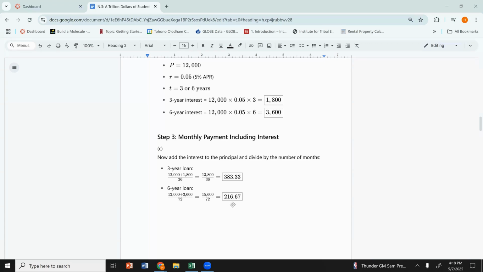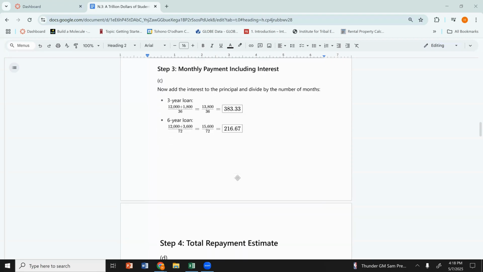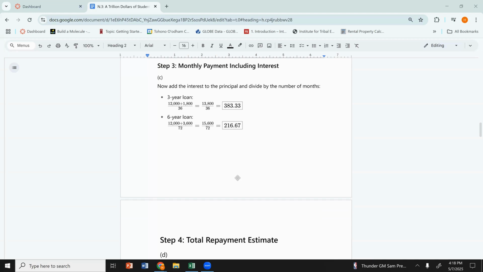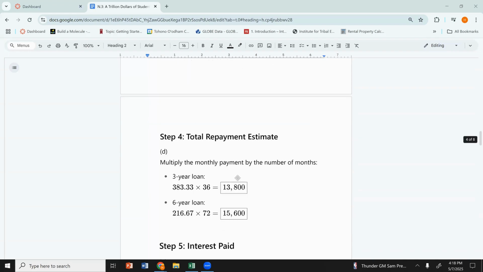Or if you want to pay this off as quickly as possible and pay less in interest overall, you'll go with the 3 years, but your monthly payment will be higher. Okay, so these are some of the decisions you have to make after running the numbers, and you're able to compare the interest and the total amount you pay in each case.